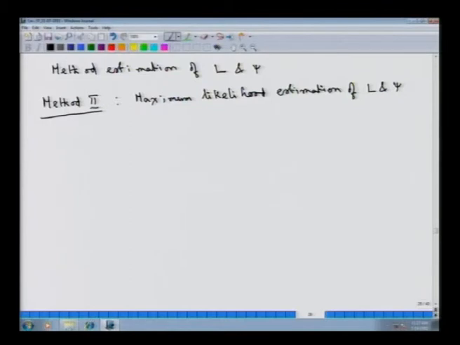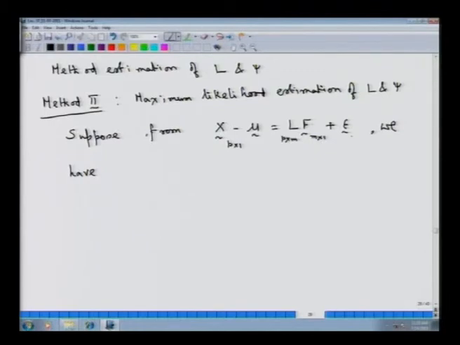Once we say that it is the maximum likelihood method of estimation, we would require certain distributional assumptions on the random variables concerning the system. Now, suppose from this m factor model, x minus mu equal to LF plus epsilon, we have the joint distribution of the random vectors involved on the right hand side. Just recall the dimensions. This is p by 1, this L is the factor loading matrix, p by m, this is the vector of m common factors, and this is the vector of p specific factors.